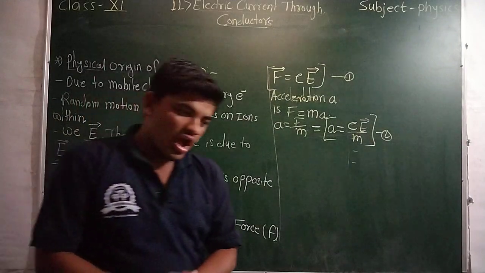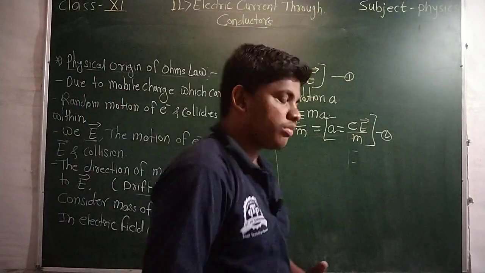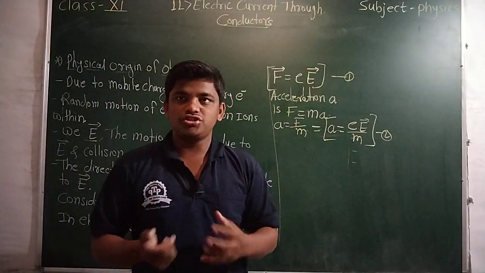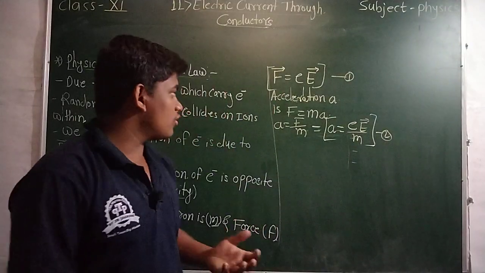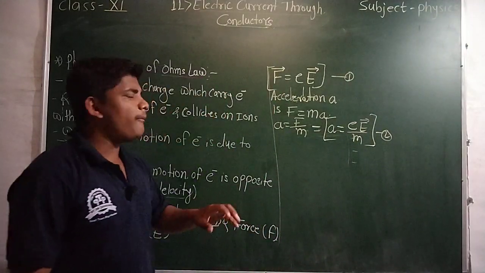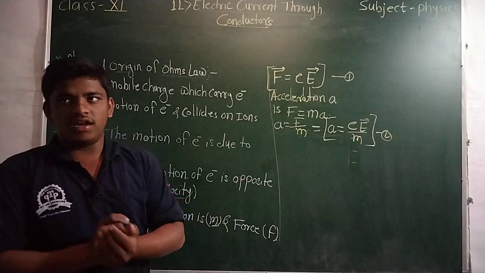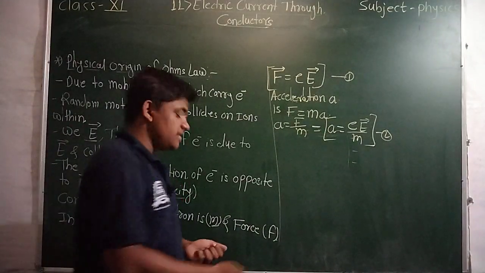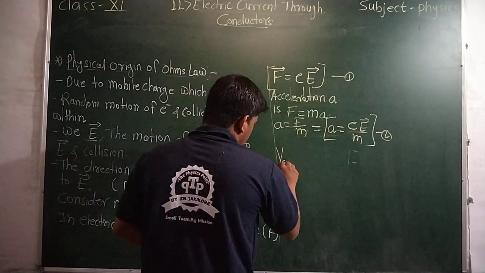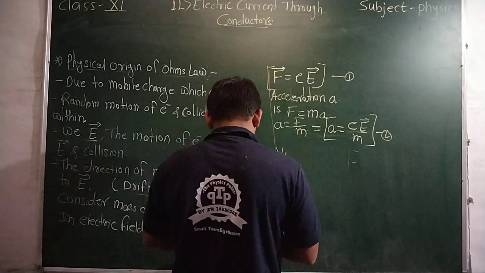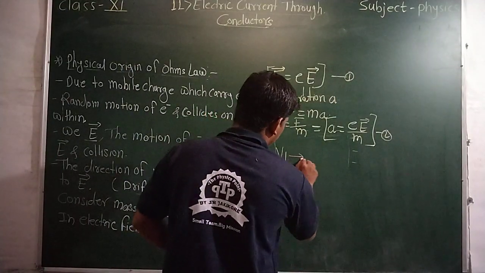Then after the collisions, the electrons still move in the direction opposite to the electric field with some velocity, that is Vd. It is the drift velocity, or drift speed.